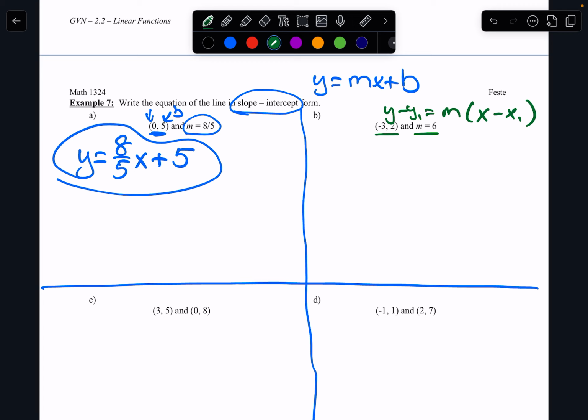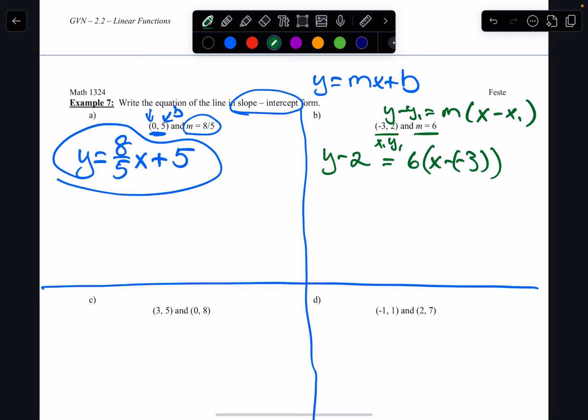Okay, so we're going to plug in y minus our y, so x1 and y1 is 2 equals 6 times x minus negative 3.